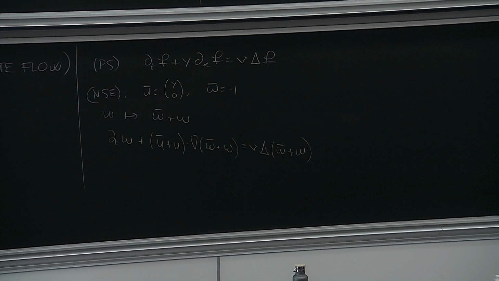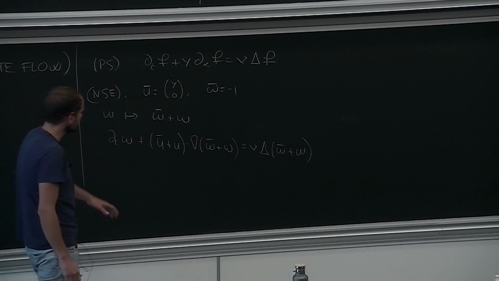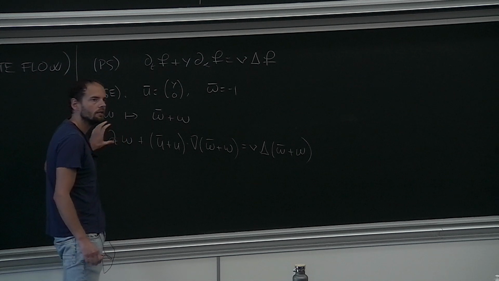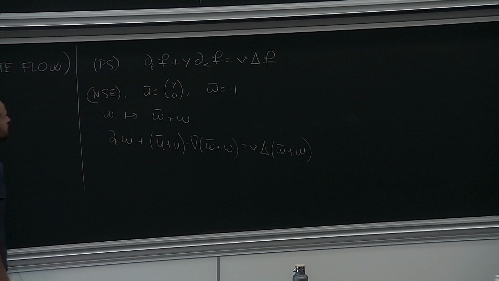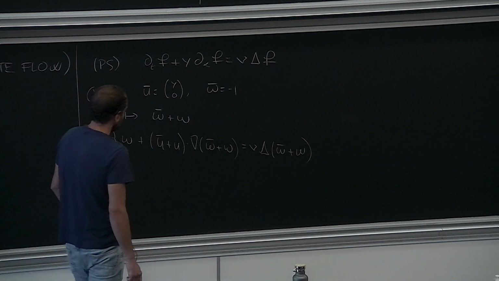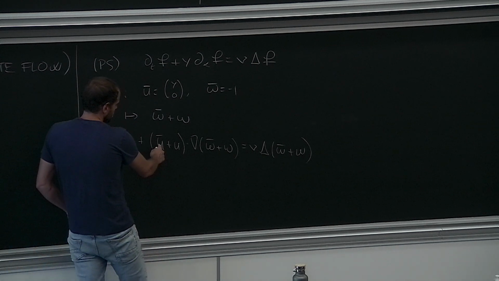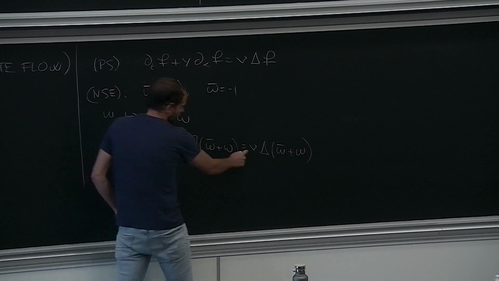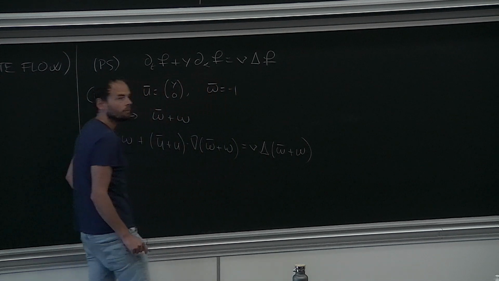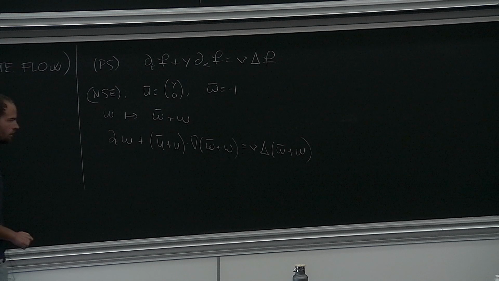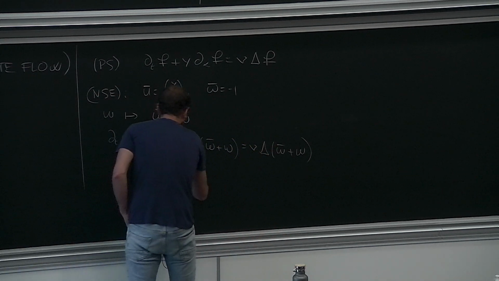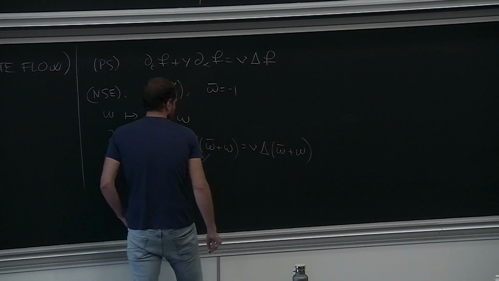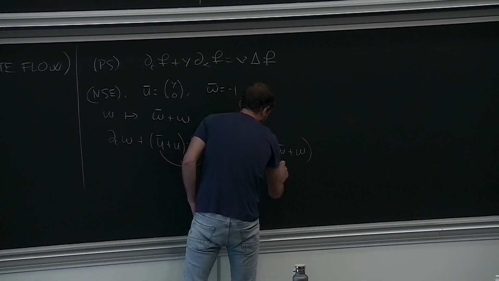Stationary, so I don't have the time derivative of omega bar. But even if I had a time-dependent solution, I just put omega bar in here, and then I use that omega bar satisfies the Navier-Stokes equations. So u bar dot grad omega bar plus nu Laplacian of omega bar will go away, and this term disappears too.